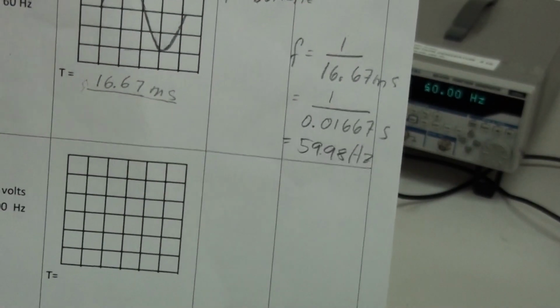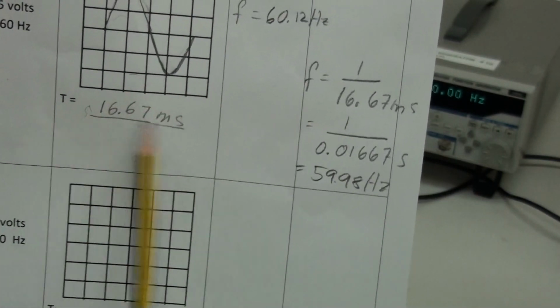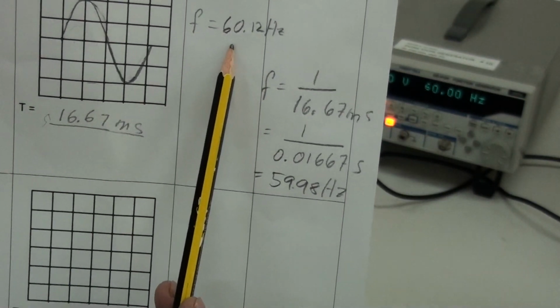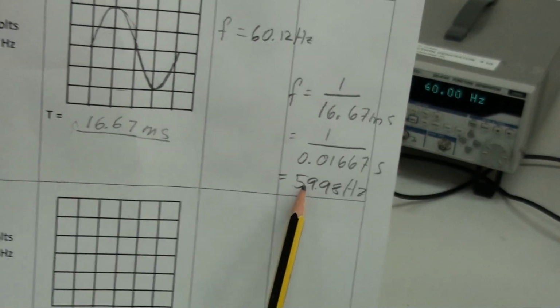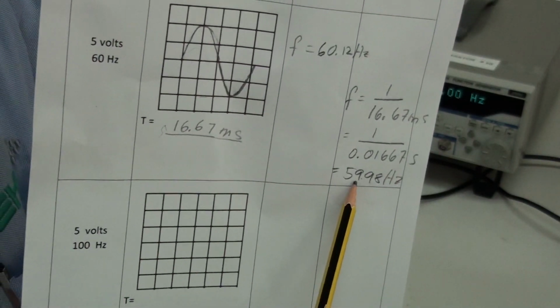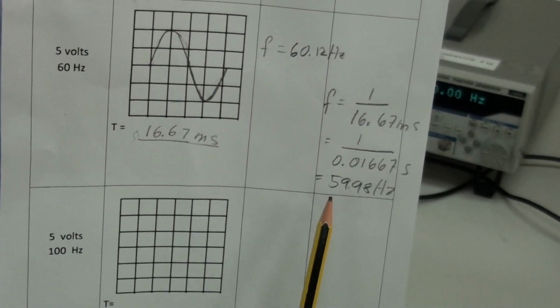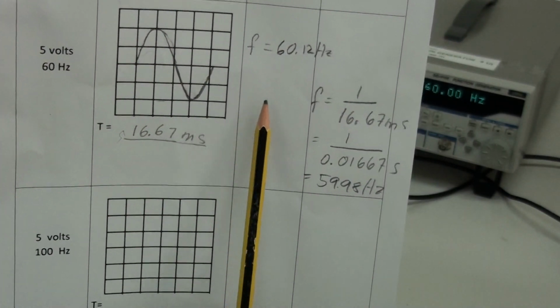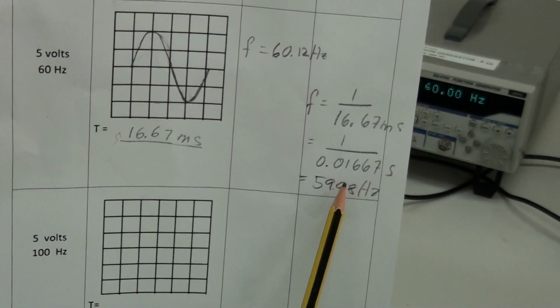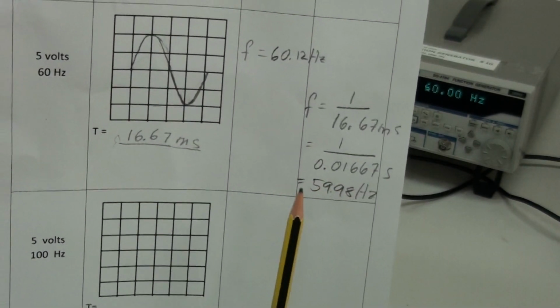As you can see, we have here the time, and then the measured frequency using the oscilloscope, and then you have the computed value. Based on our result, the reading and the computed value are almost the same.